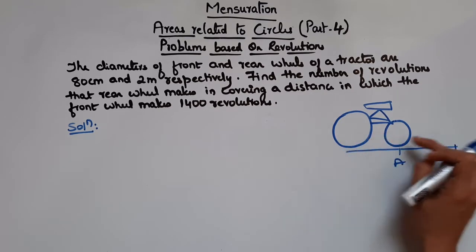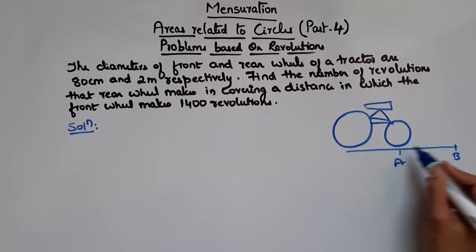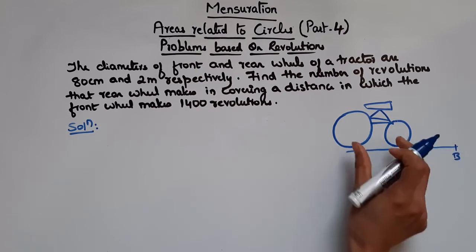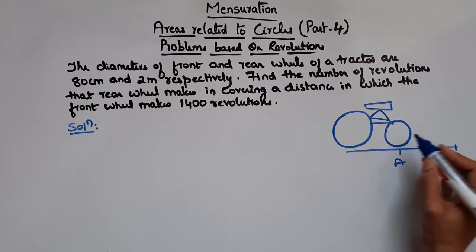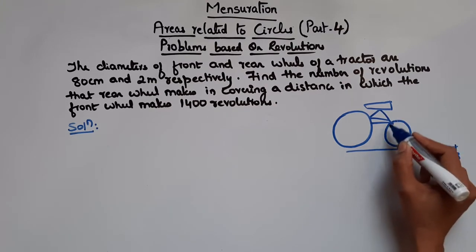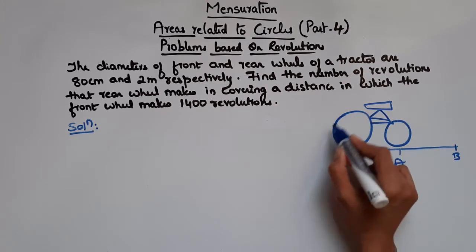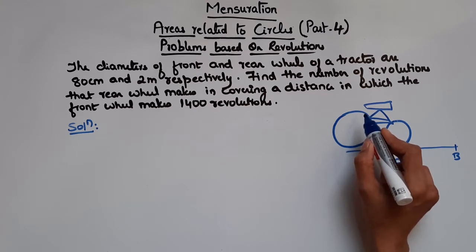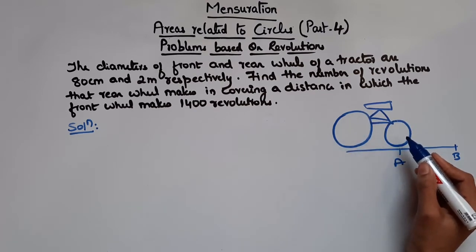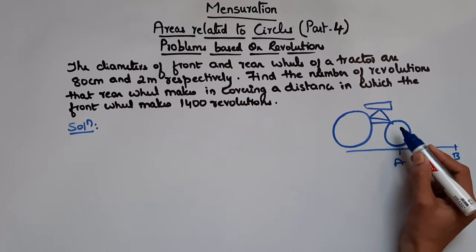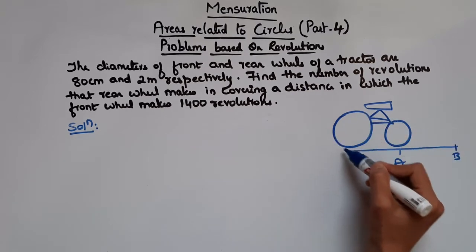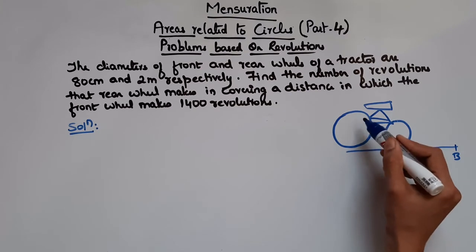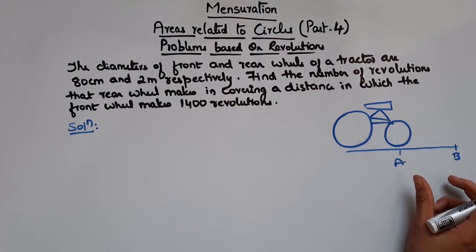These wheels are moving together to cover a distance from A to B. So the distance moved by these two wheels has to be equal. But if you see the number of revolutions, this is a smaller wheel and this is a larger wheel. But the number of revolutions taken by the smaller wheel to cover this distance is different from the number of revolutions taken by the bigger wheel to cover the same distance. Agreed?